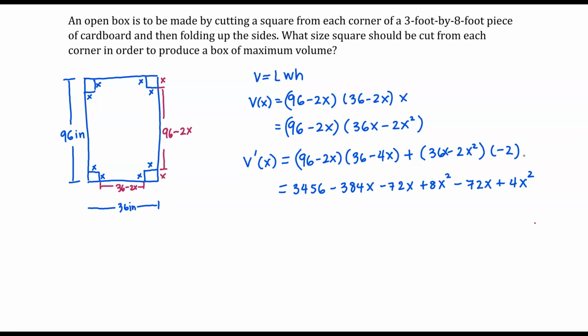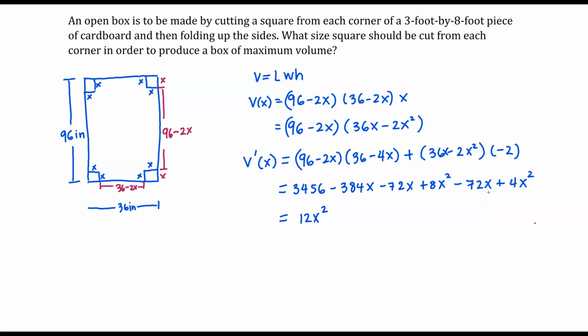Then combine similar terms. 8x squared plus 4x squared is 12x squared. And then all those with x's: negative 384x minus 72x minus 72x.